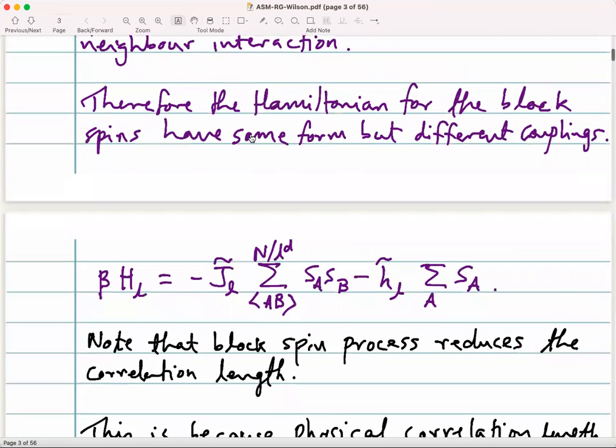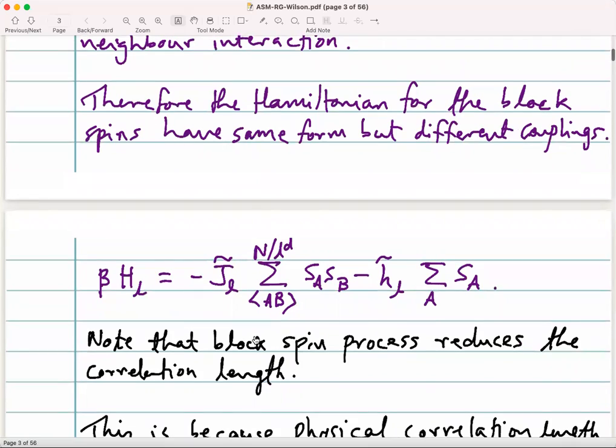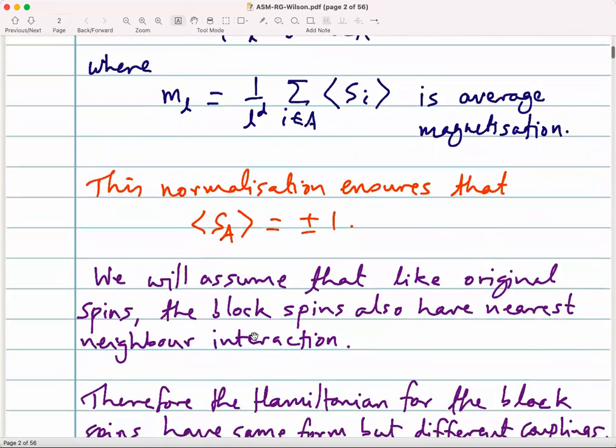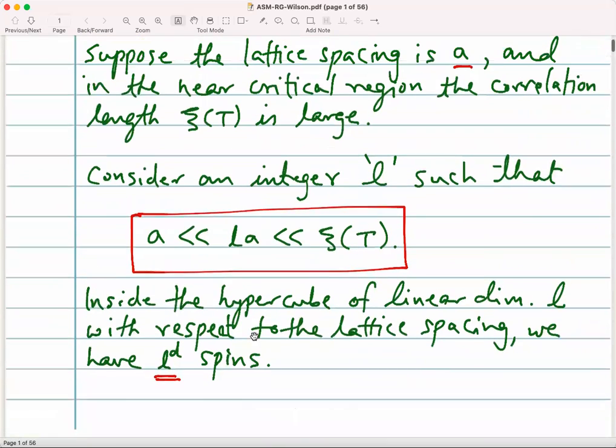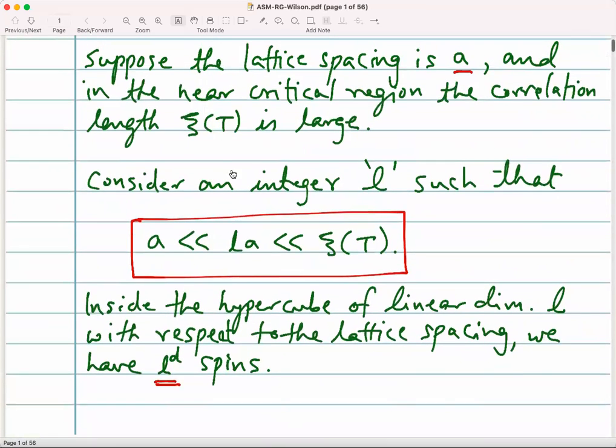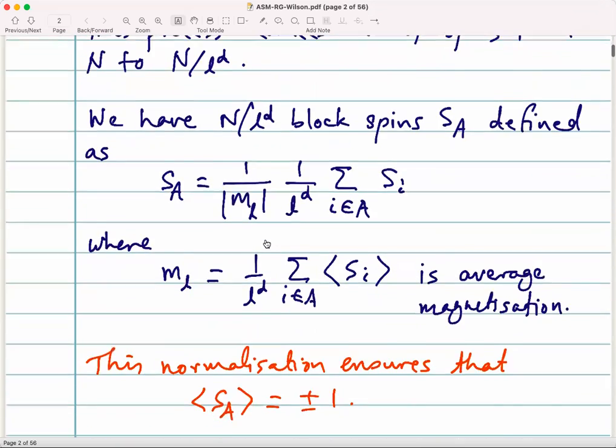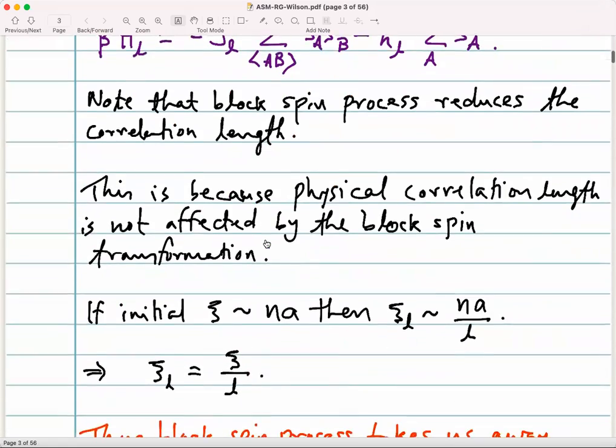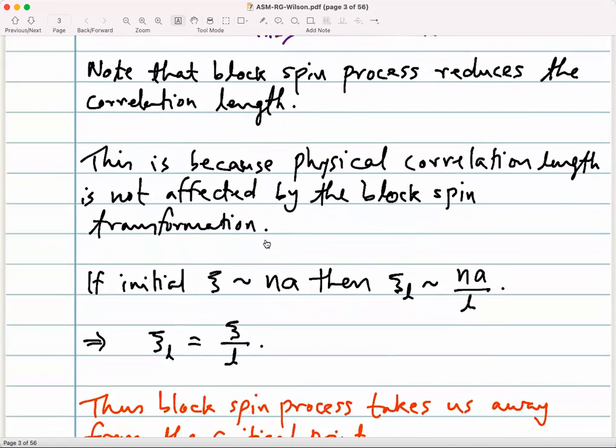Now, if the initial problem had correlation length xi, then because of this blocking, xi was some integer times the original lattice size. But now your new lattice size is L times a. So with respect to the new lattice size, xi would change.